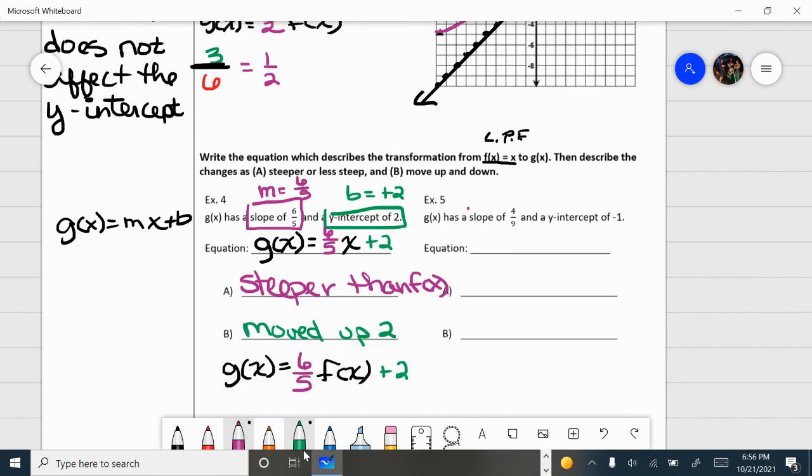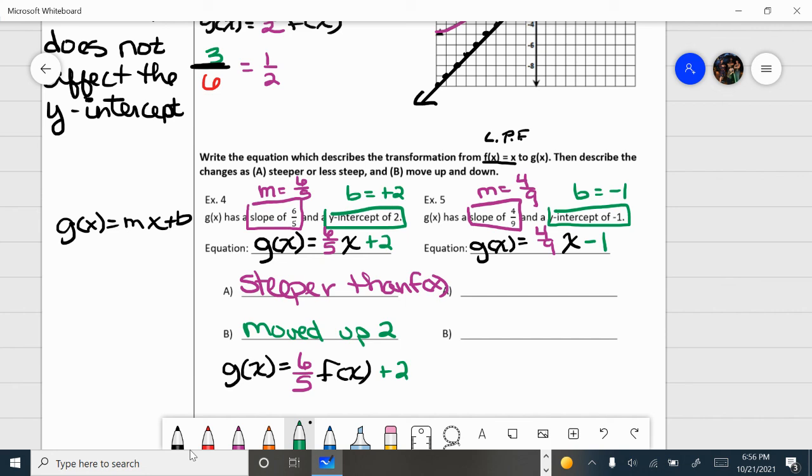For example 5, our slope is 4 over 9. So our m is going to be 4 over 9. And our y-intercept is -1. So our b is going to be -1. So g of x equals 4/9 x minus 1.